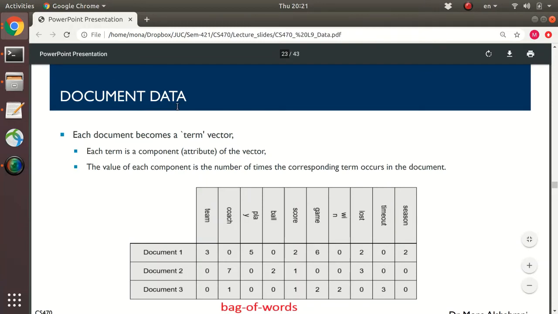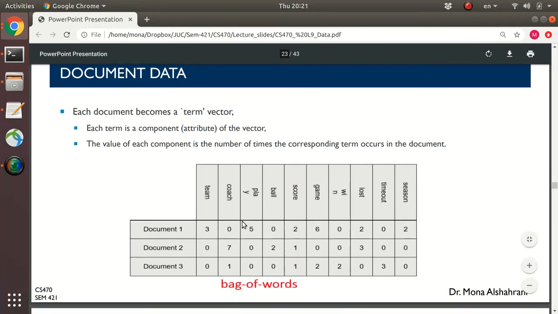Document data are commonly used to represent text-based data. In such data, each document becomes a term vector, and each term is a component attribute of the vector. For example, document 1 has a number of paragraphs, and we have a dictionary.